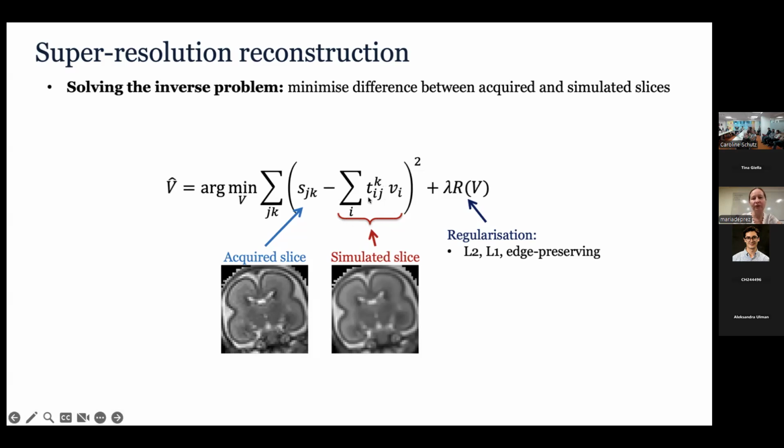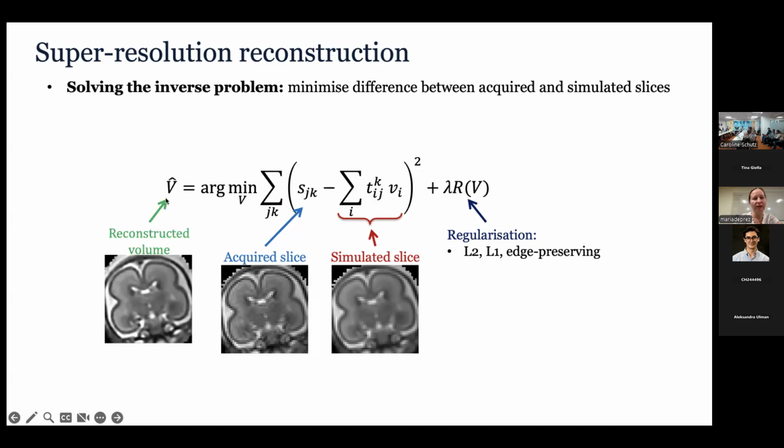So this is the equation. V is my volume, the set of all the voxel intensities in my isotropic volume, and v_i is one of them. And then T_ijk is the point spread function that has already been reoriented and rasterized. So that's my spatial point spread function and voxel intensity. You see that it's a simple linear equation.